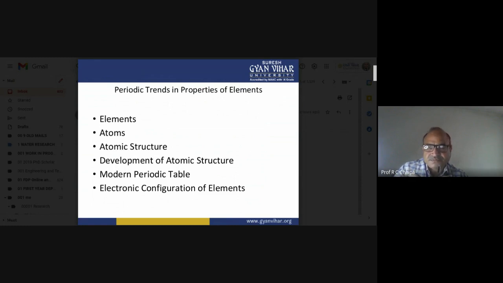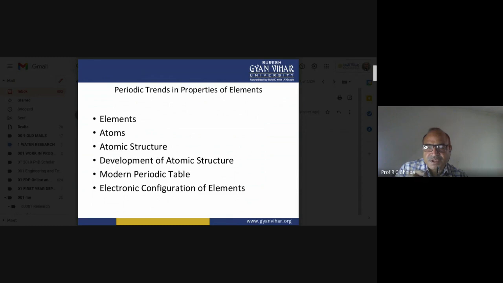Now, after a specific period, the elements go into their groups. What about the groups? Most of the properties are similar, as well as the electronic configuration, which has a general form.